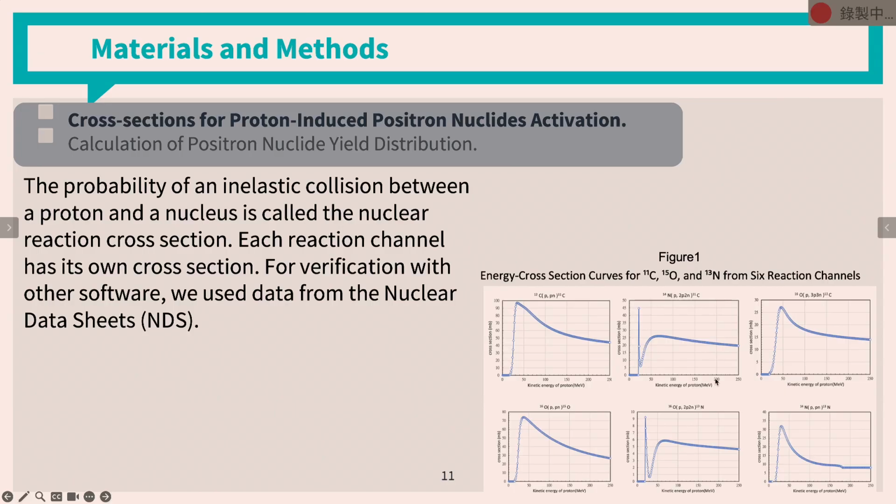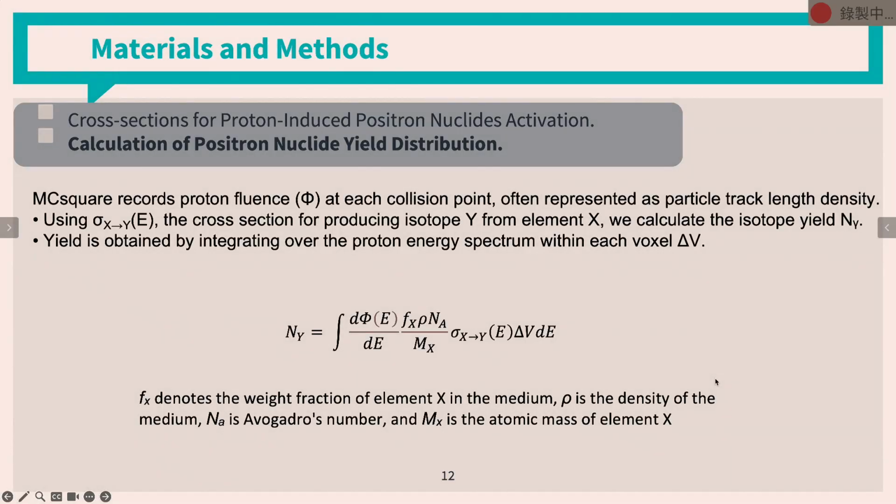And the MC² software records the proton fluence at each collision point, which is often represented as particle track length density in Monte Carlo simulation, and uses the previously defined nuclear reaction cross-section, sigma x to y, where x is the target element and y is the resulting beta-plus isotope from inelastic collisions.